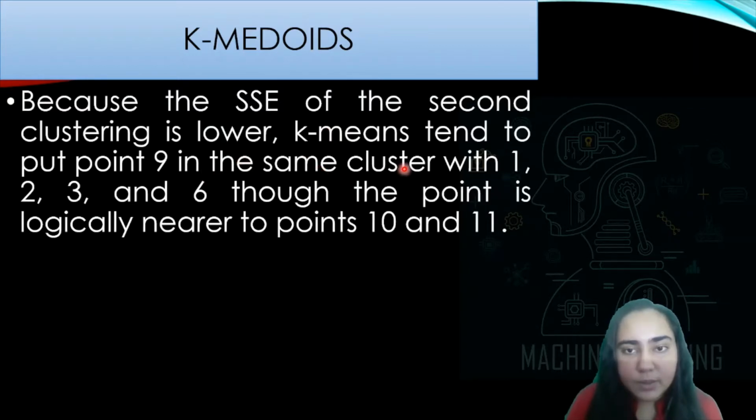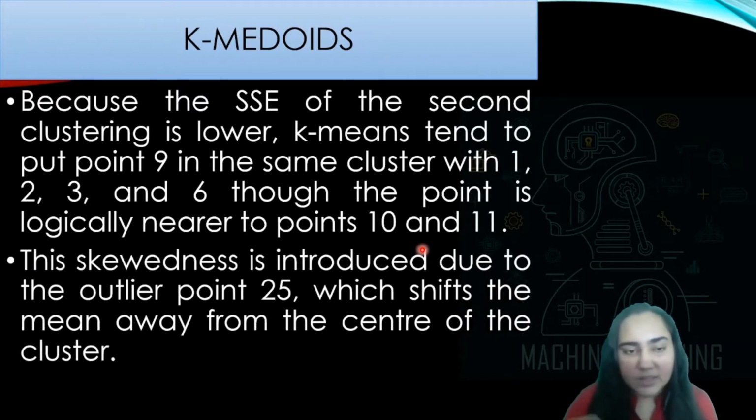Because k-means will tend to put 9 in the same cluster with 1, 2, 3, and 6, though the point is logically nearer to points 10 and 11. So that is why the k-means algorithm has this problem, because it works with SSE. And the skewedness is introduced because there is an outlier 25, which is so far away from all the other points, and it's going to affect the SSE, and it's going to affect the selection of the centroids.